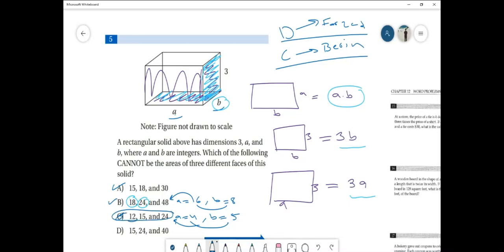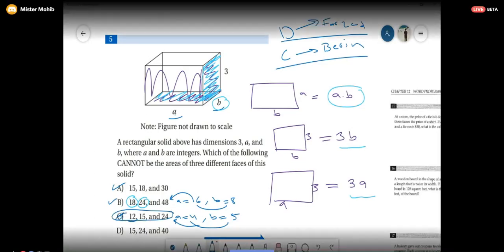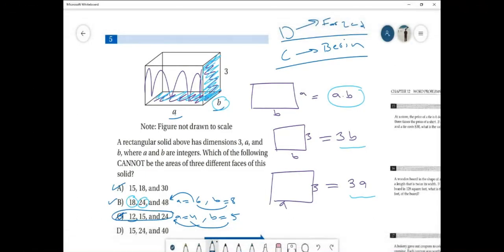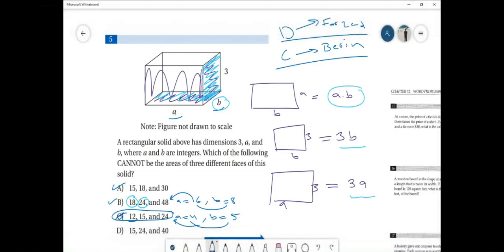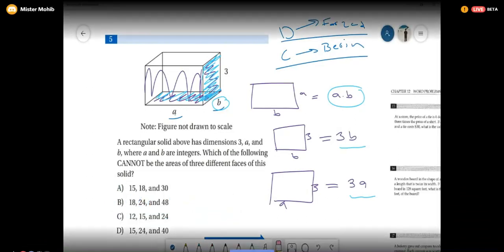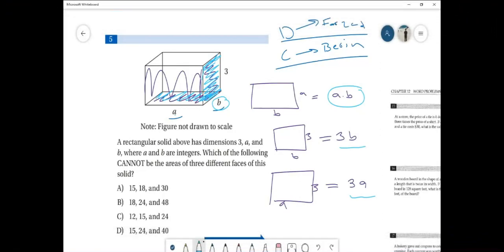It doesn't matter if you take this one as 3A and this one as 3B. So from here A will be 6, and B, if I divide by 3, will be 8, right? And when I multiply it, it should give me 48. Is it true? Yeah, that's true. So this is true as well.